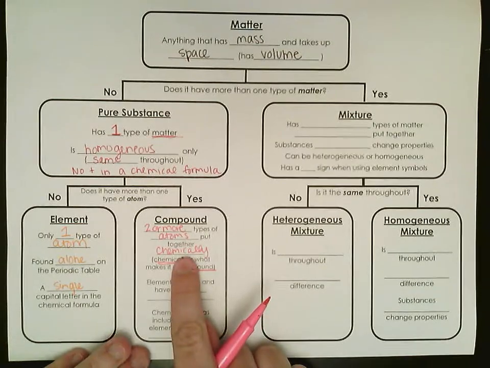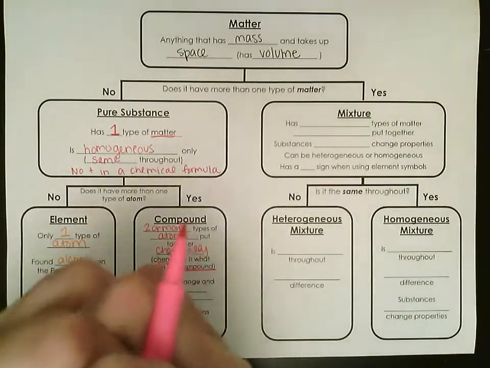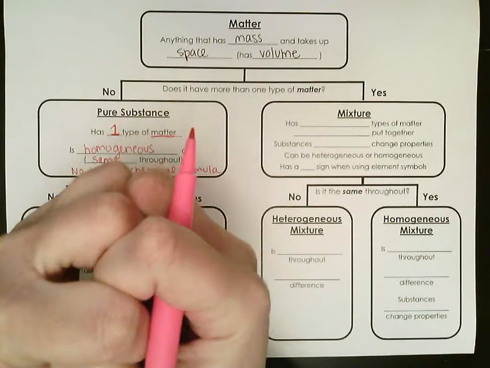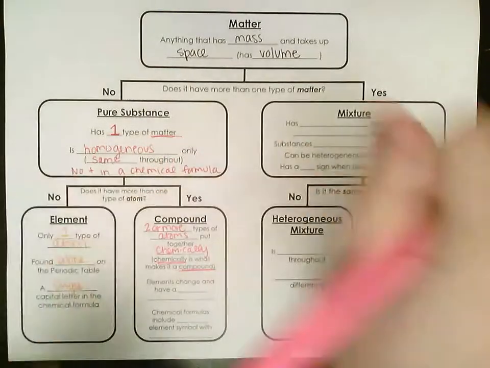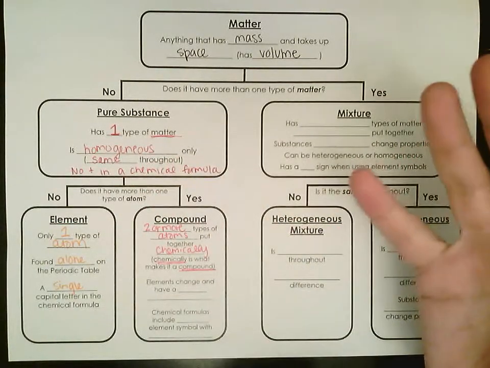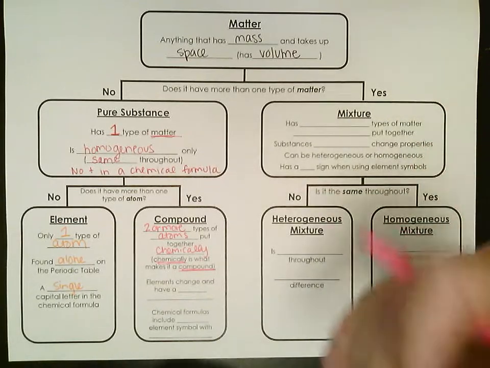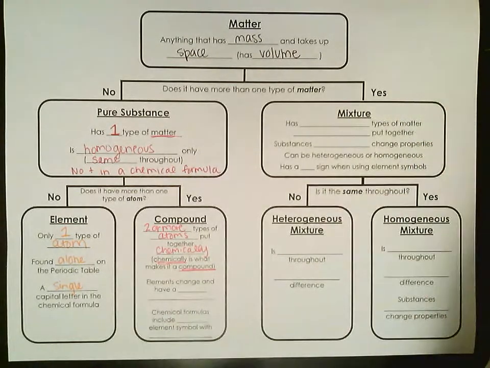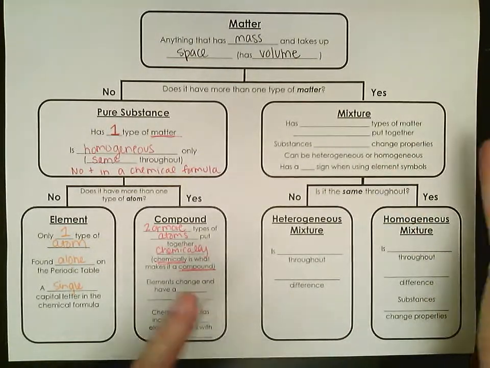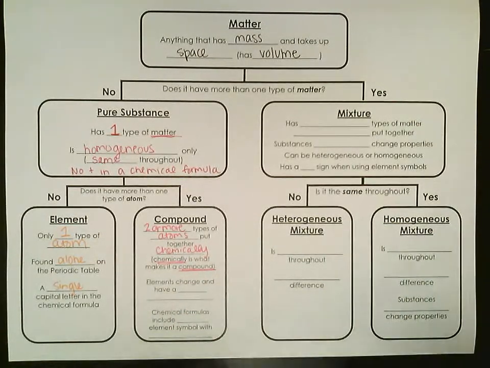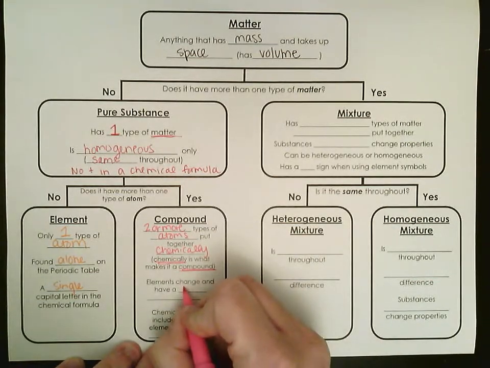So being chemically combined means that it is bonded together. It's not like mixing up batter for cupcakes. It is bonded. It has gone through some sort of chemical process to put those two or more elements together. Elements change and have a new set of properties.